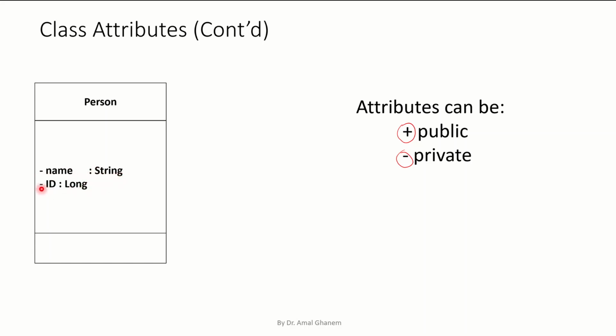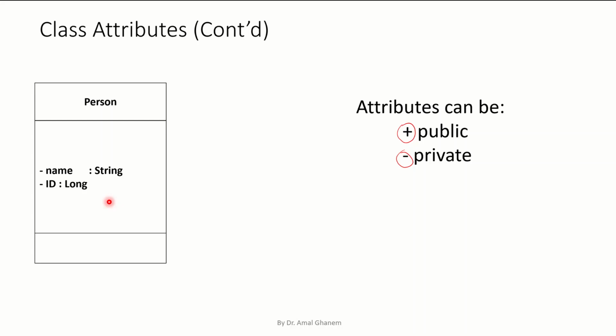And then if you say again minus id colon long, it means we have a private attribute named id of type long. So we can simply take this UML class diagram and convert it into a Java program by saying public class Person, and then the attributes: a private String name and a private long id.